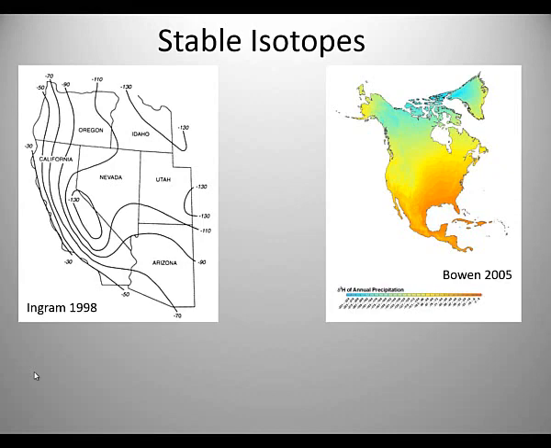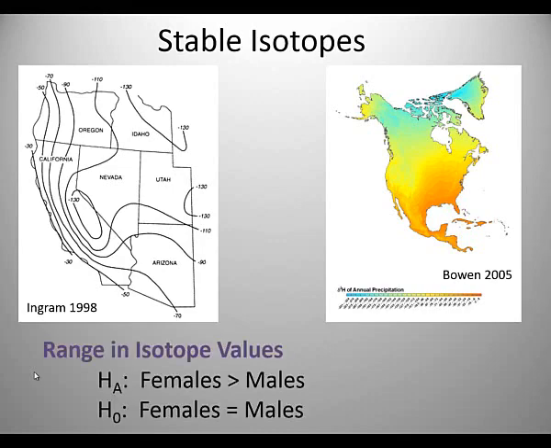So we thought that if we capture some bats during the fall, we can look at their isotope ratio and get some idea of where they spent the summer. But we were aware going into this that some of those results are going to be pretty coarse. We might not actually be able to pin them down to a particular location. But we did have a couple of competing hypotheses.